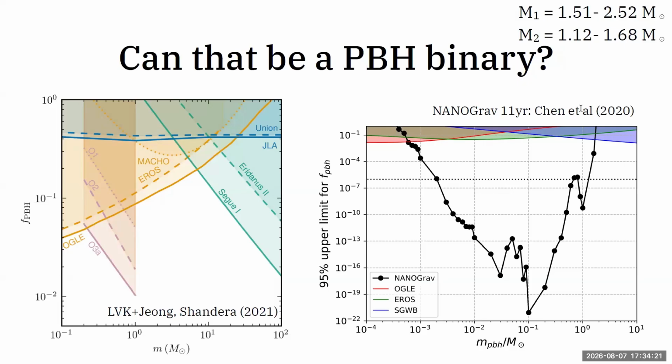And since you said PTA data is the main thing that rules out the subsolar mass source as a PBH, but it is okay for the dark matter. Right, what's the major difference?